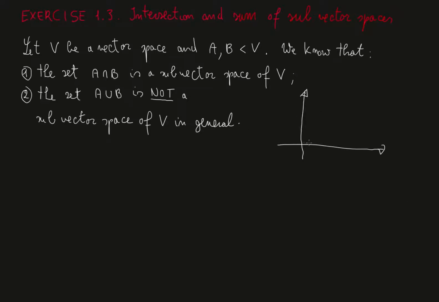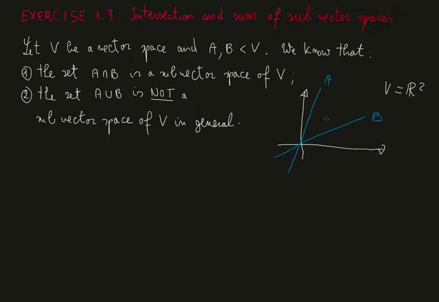So let's assume this is R2, V equals R squared. And A and B are two one-dimensional subvector spaces which geometrically can be described as lines through the origin. So let's say this is A and this is B.